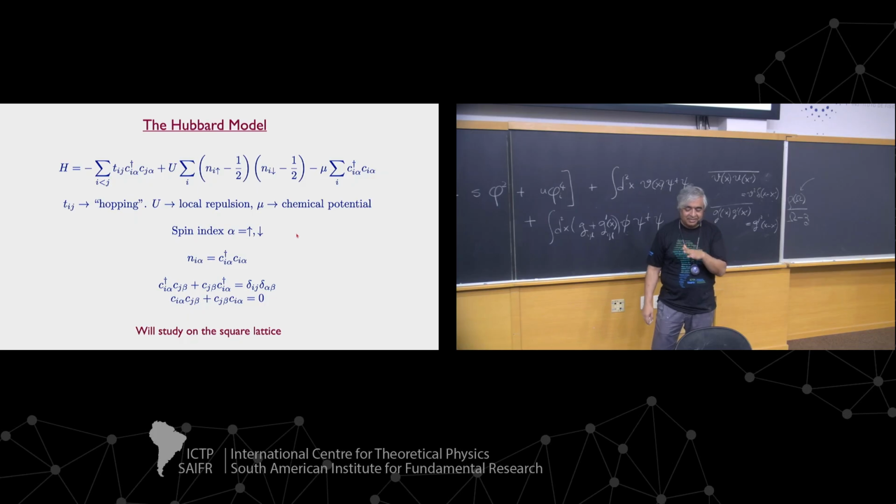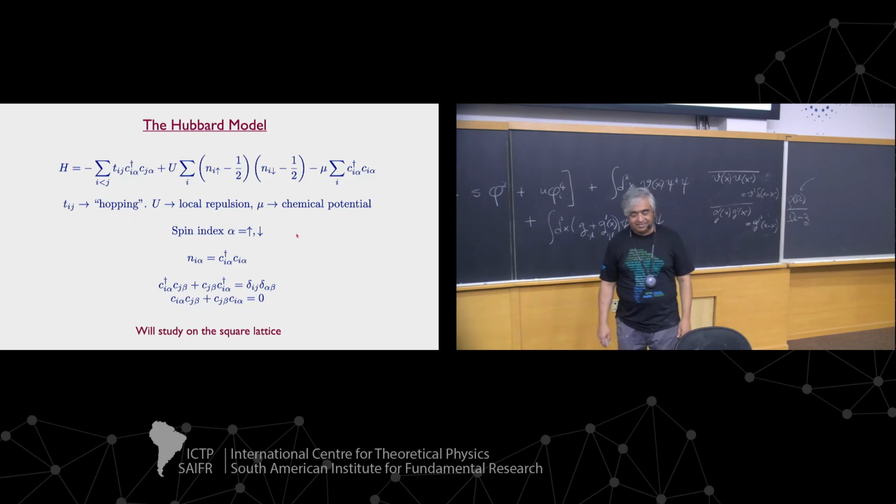It gives you a Fermi liquid at low temperatures. We were hoping maybe it's really low, but there were many other things that were not right. This one just works.